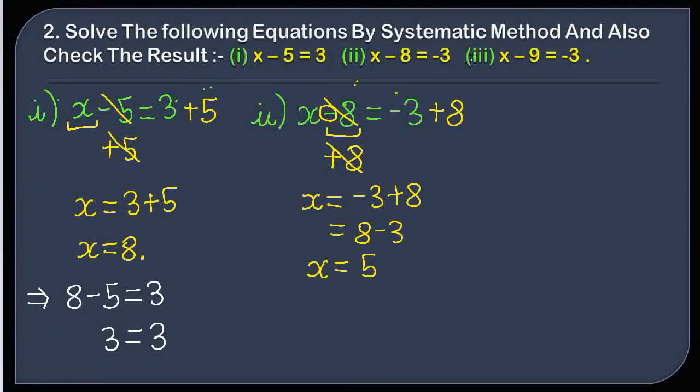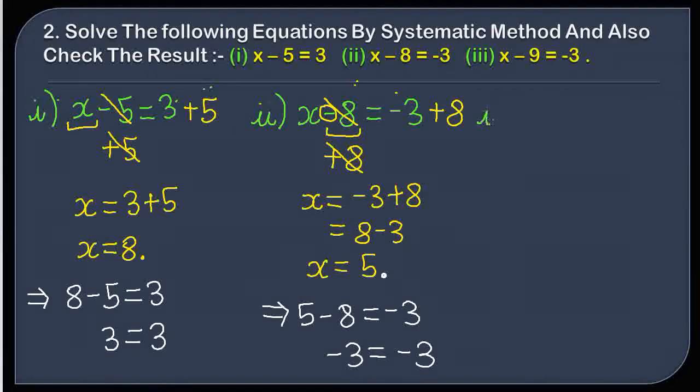Now we are going to verify our answer. 5 minus 8 must equal negative 3. And yes, 5 minus 8 is negative 3. Negative 3 is equal to negative 3. Thus, we have found the value of x and verified it.